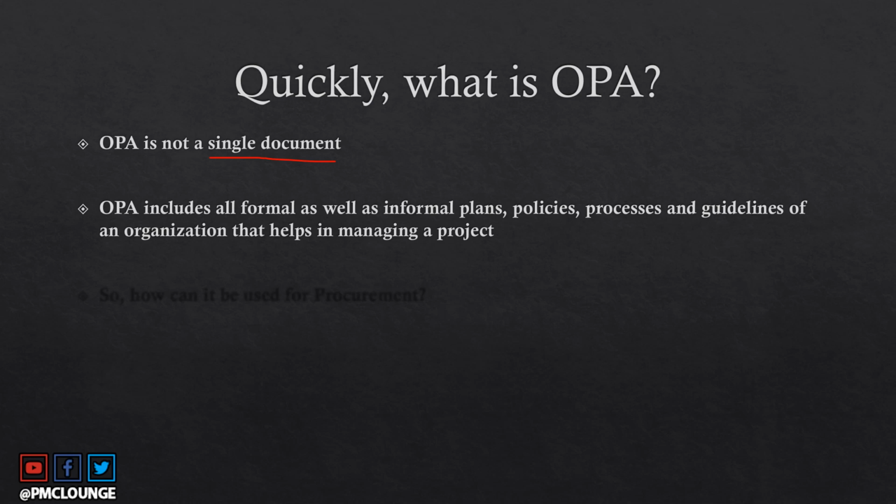What it actually is, is all the formal as well as informal plans, policies, processes, and guidelines of an organization that help in managing a project. So whatever you need to manage a project, be it plans, policies, processes or guidelines, all of that is basically a part of organizational process asset.